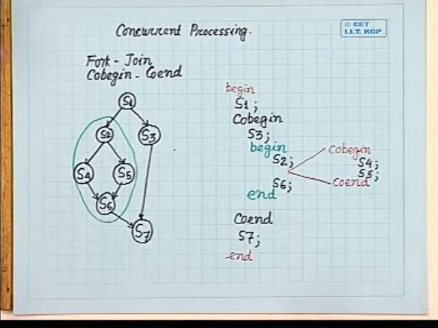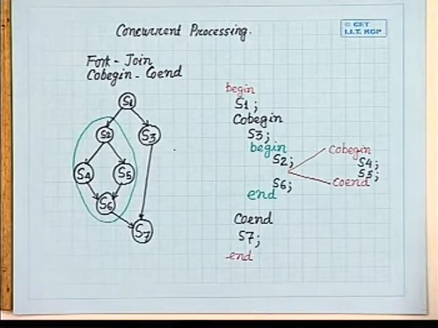Okay. So with this example, you find that writing a co-begin co-end construct, a language construct, for a given precedence graph is very simple. If at any place we have to create n processes, each of which will execute some statements, we put all those statements under a co-begin co-end construct.